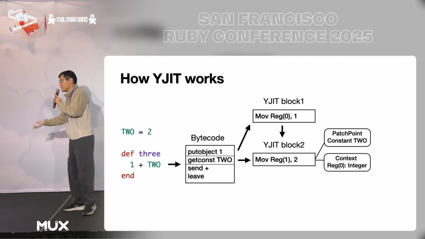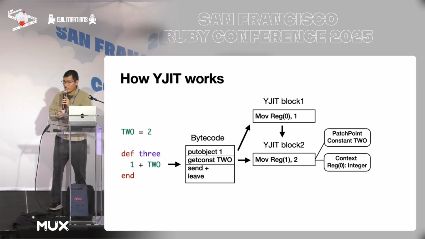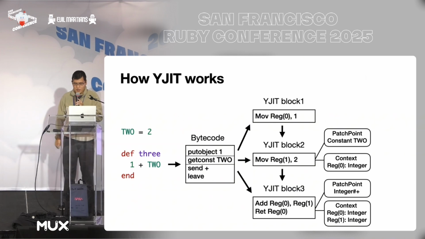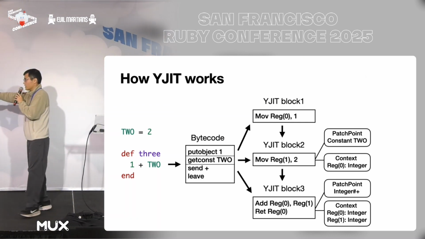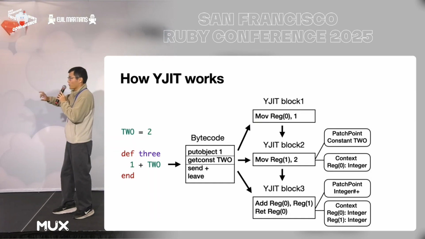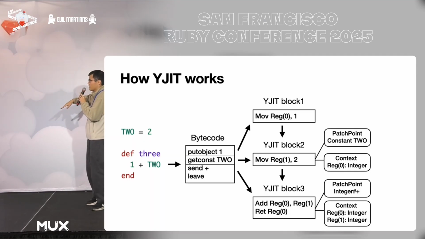So to inspect the type used by the instruction, we had to split the basic blocks, and also remember a lot of stuff in the so-called context metadata. So we store anything that's useful for optimization in the context metadata, which consumes memory, and also split a lot of blocks for profiling purposes.